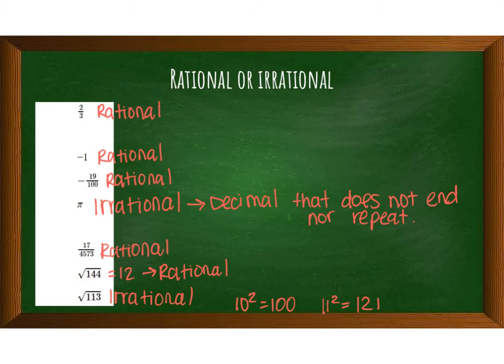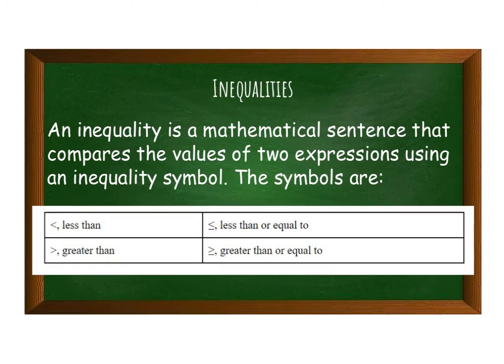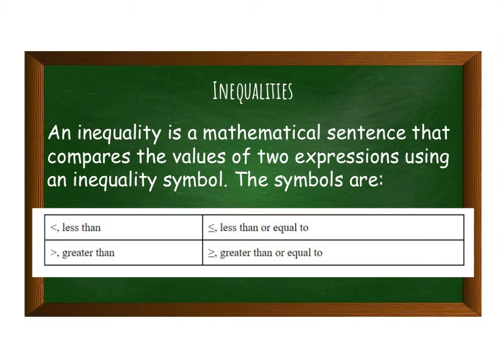Okay, moving on. Inequalities. An inequality is a mathematical sentence that compares the values of two expressions using an inequality symbol. The symbols are less than, less than or equal to, greater than, or greater than or equal to. Okay?